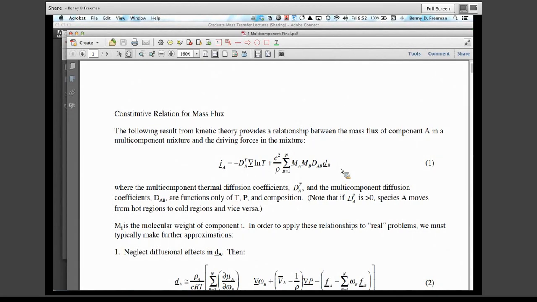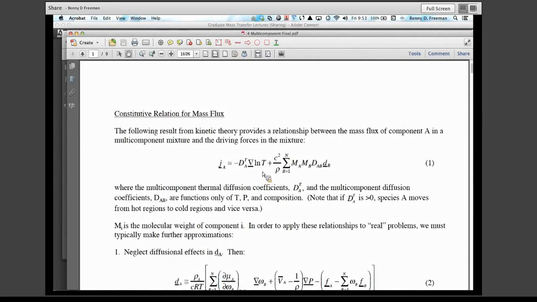And so the expression that is used in this case gives a relationship between the diffusive flux of component A and the gradients that can lead to mass transport. And the gradients that can lead to mass transport include temperature differences.